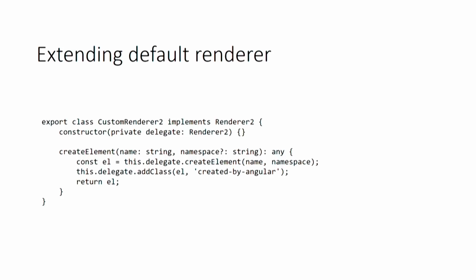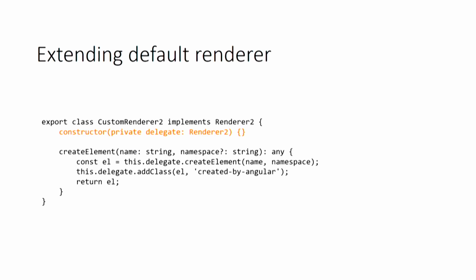Well, to introduce a custom renderer into the application, we simply declare a class that implements all methods defined by the Renderer2 interface. You will have many methods here, but right now I'm only focused on the createElement method. And I told you before that there is one default DOM renderer, and it's always a good idea to delegate all DOM operations to this renderer.